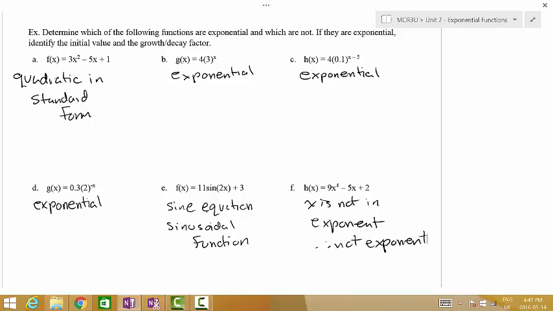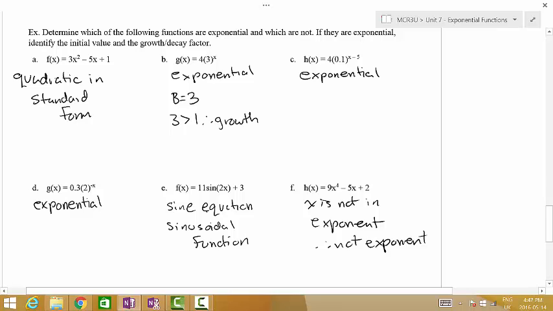This first one, our base, is equal to 3. 3 is bigger than 1, and if your base is bigger than 1, what we have is exponential growth. The next one, we have b equals 0.1. 0.1 is between 0 and 1, and when your base is between 0 and 1, you have decay, exponential decay.